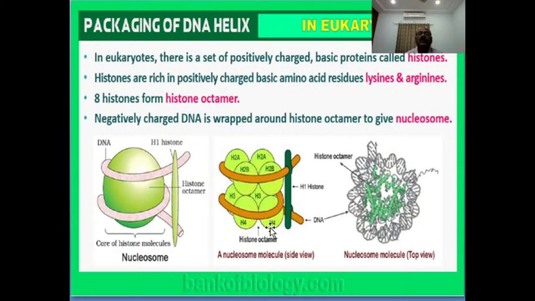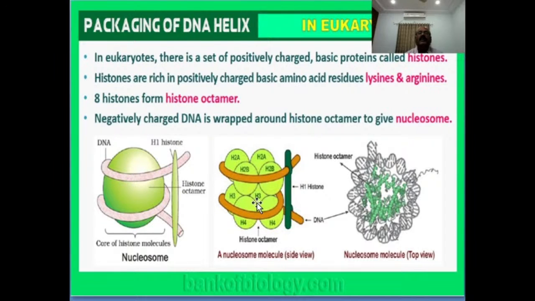So, total 8 histones are there. 4 types are there, each type 2 histones. This is called the histone core. Histone core is wrapped by DNA, wrapped 2 turns with the DNA.